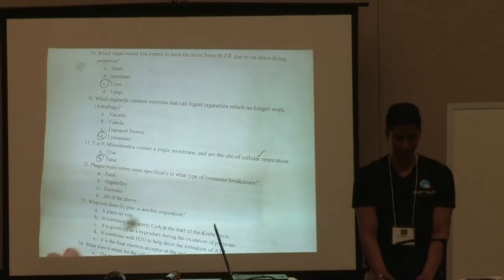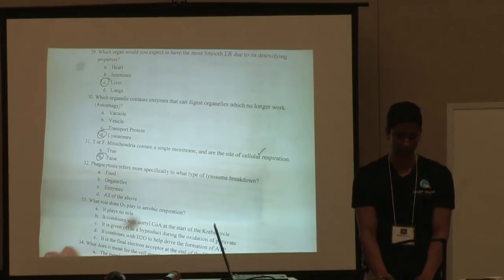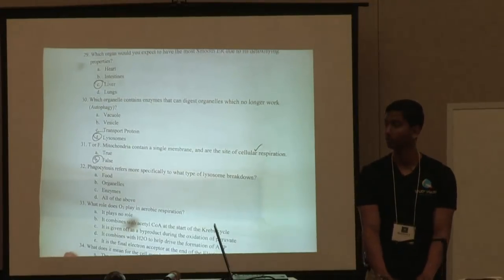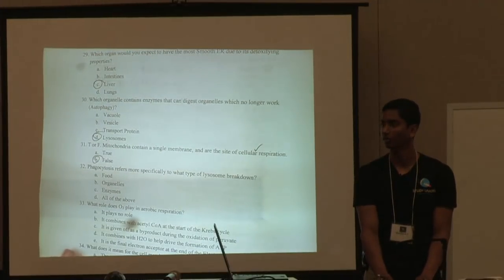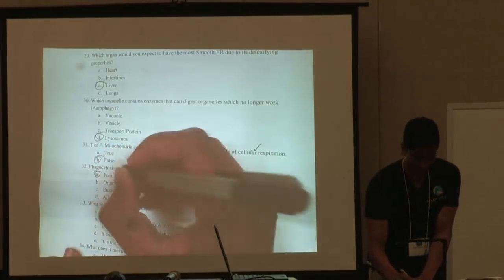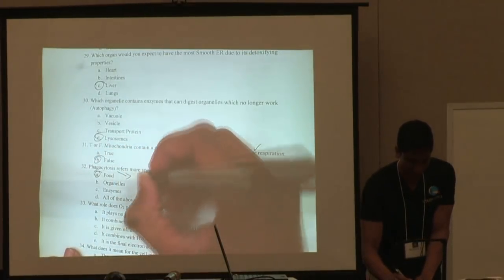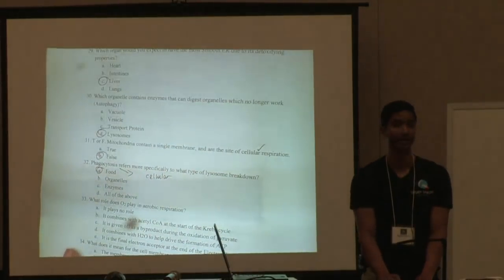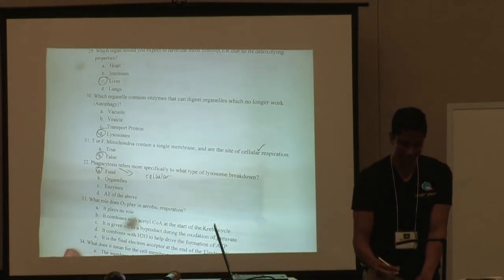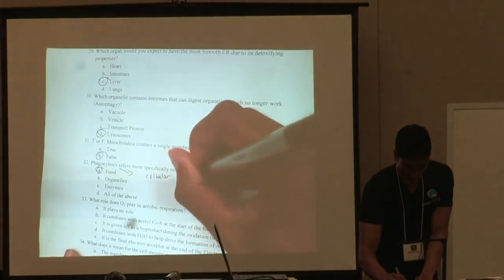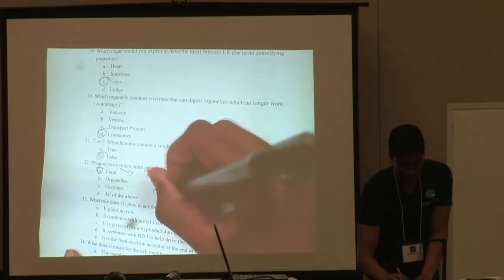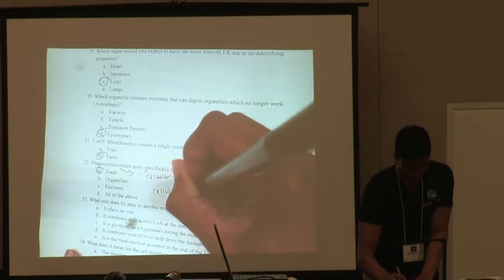Phagocytosis refers more specifically to what type of lysosome breakdown? What is it? Food, right? So phagocytosis is cellular drinking or eating? Eating. Does anyone know what cellular drinking is? Pinocytosis, good.